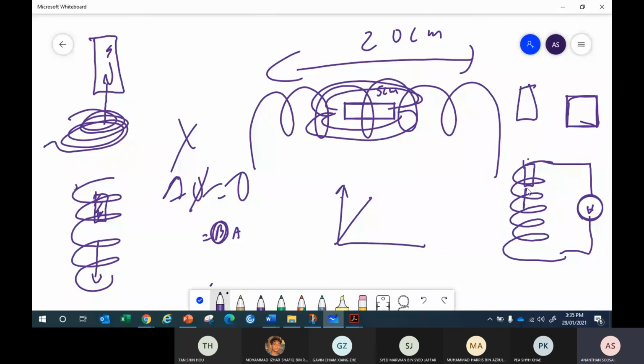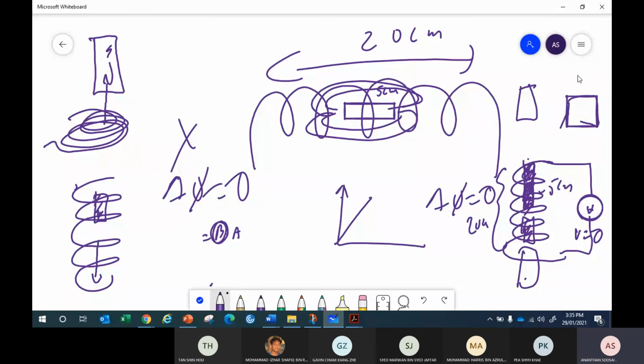When the magnet is totally inside, flux change is 0. So let's say this is 20 centimeter, the magnet is only 5 centimeter. When the entire thing is inside and you go down, but the entire magnet is still inside the coil, the voltage induced is 0. No voltage induced because no change in flux. When it leaves, then there is a flux change, you get voltage back.